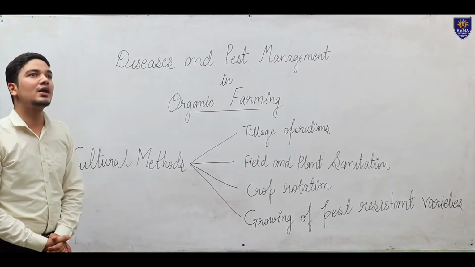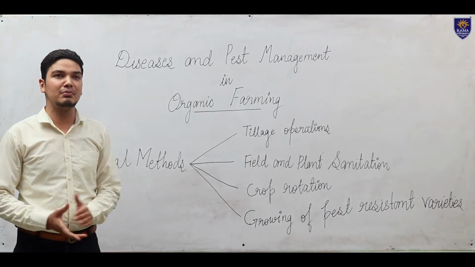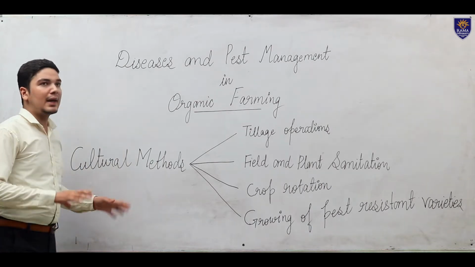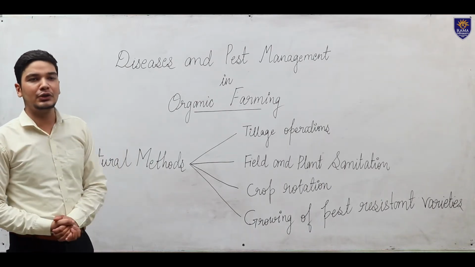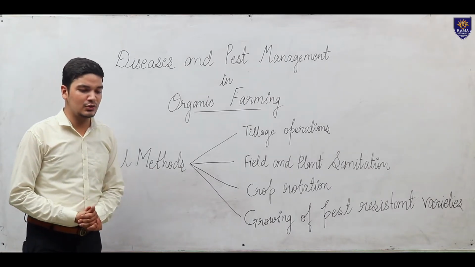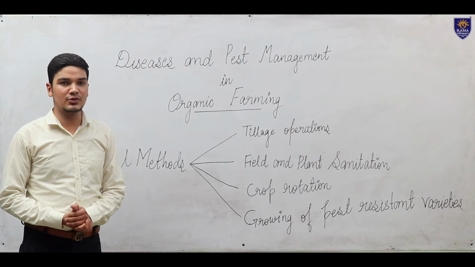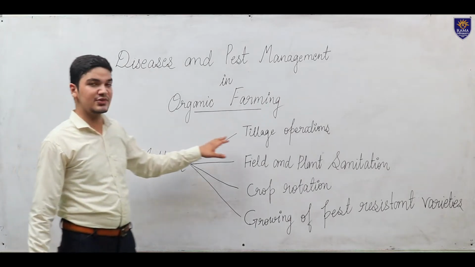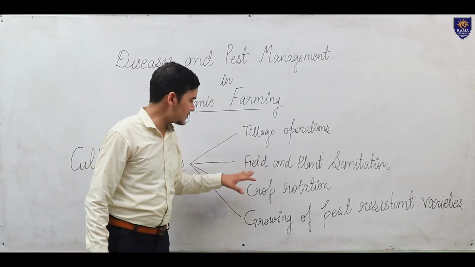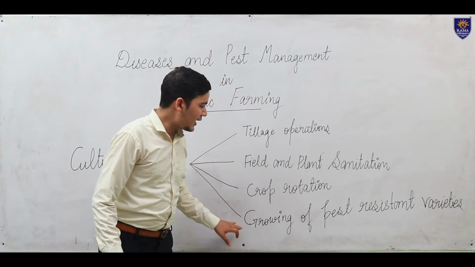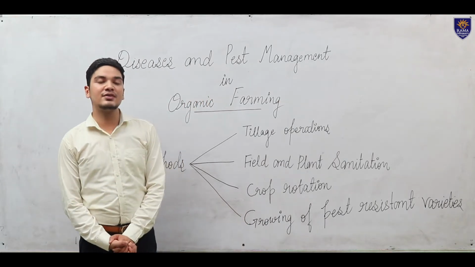Cultural methods include those methods which involve mechanical manipulation of the soil, and the indiscriminate use of pesticides should also be managed. In cultural methods, we are going to discuss tillage operations, field and plant sanitation, crop rotation and growing of pest resistant varieties.